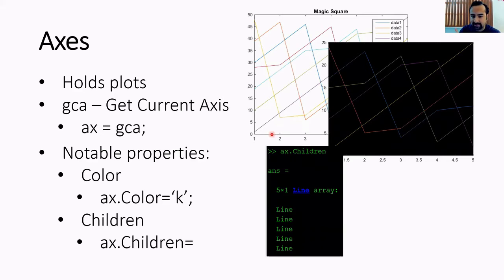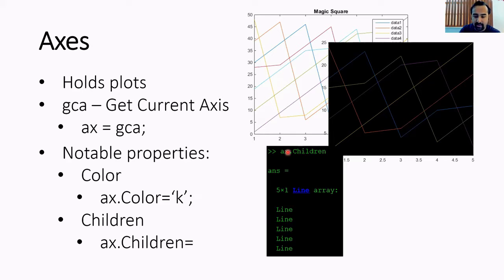Axes hold plots. So you can use GCA rather than GCF to get the current axis. And now that you have this, every single aspect of the plot itself is held under ax. And for example, if you just type in ax.children, that'll tell you everything that the current axis is plotting.